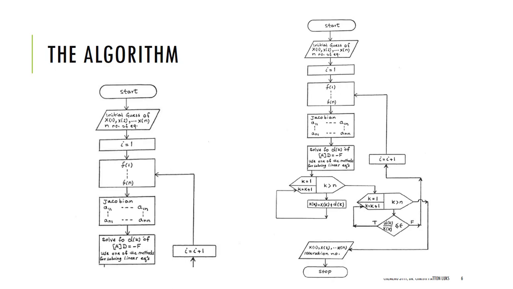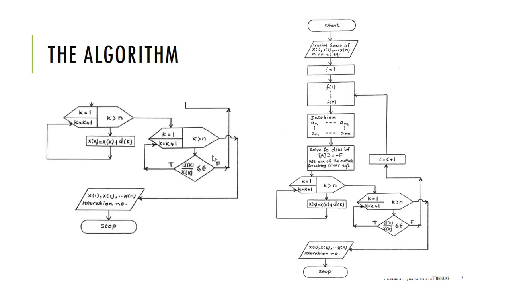Use that then to calculate the Jacobian. Now this method shown here is for doing this using the determinant method, okay, Cramer's rule. And you can do that, but you also can use matrix inverses or any other solution technique for linear equations that you like.